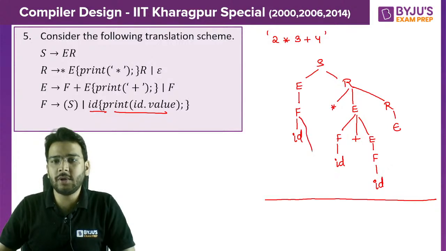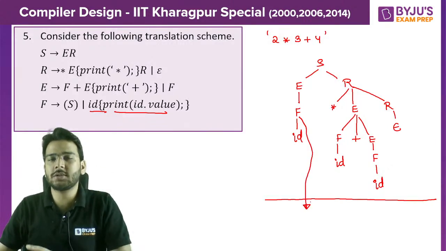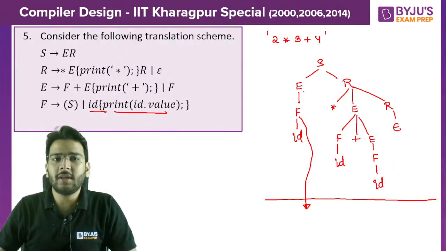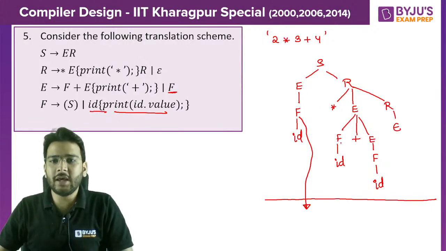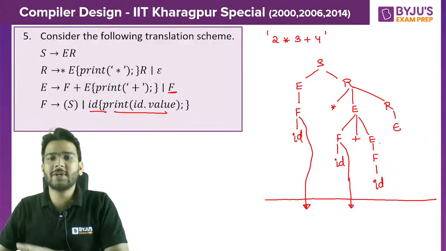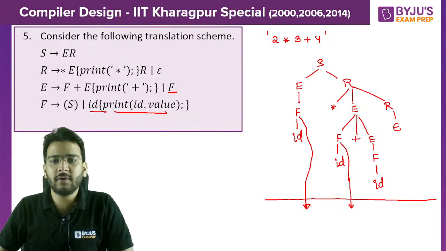So just write this arrow downwards. Then do you have any translation here? No, I don't have any translation for this one. Again, this one is going to have the translation, so make the downward arrow here. You don't have to scan the whole tree. Just on the basis of this, you can write the translations here.